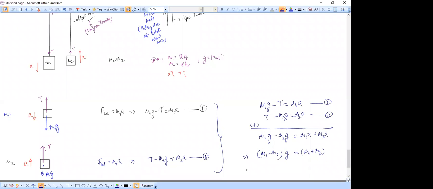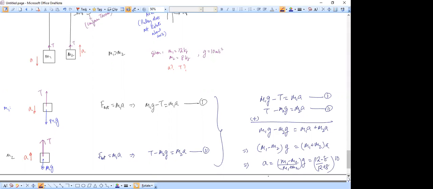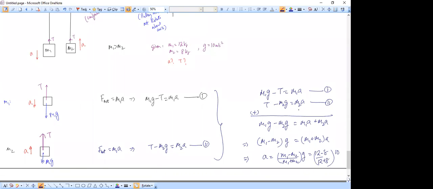You get the standard formula: the acceleration is the difference of the masses divided by the sum of the masses, into G. In this case, it will be 12 minus 8 upon 12 plus 8, times 10.